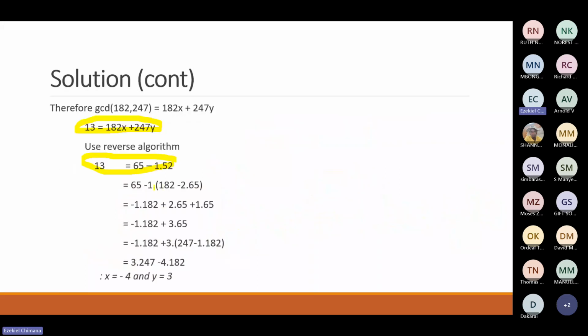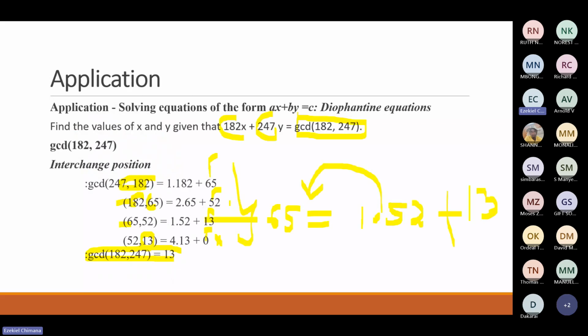So if you look at this one, we are going to have 65 minus 1 times 182 minus 2 times 65. We have replaced this 52 with something else. How? Because we have actually made this 52 the subject of formula again. So you are making the remainder always the subject of formula, and then you use it to replace on the previous step.